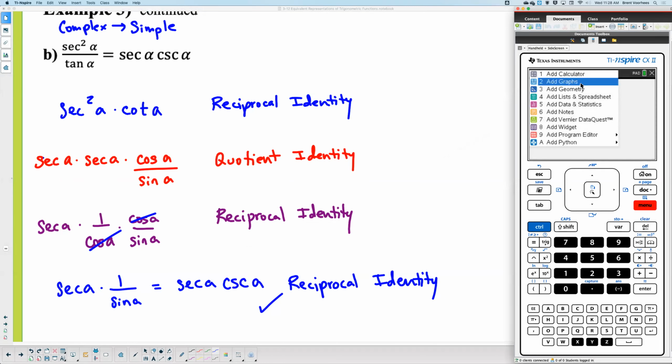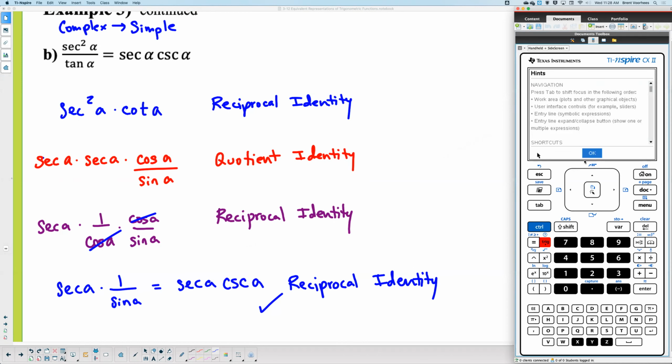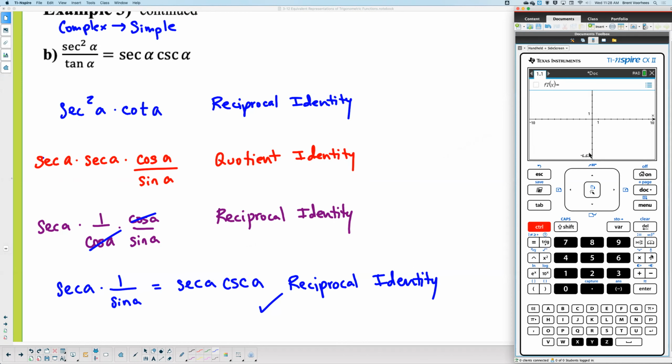menu, graph. The first one is secant. By the way, on the Inspire, you need to use the variable x, and squareds, or any power, goes on the outside of your parentheses, over tangent. That's my first equation.